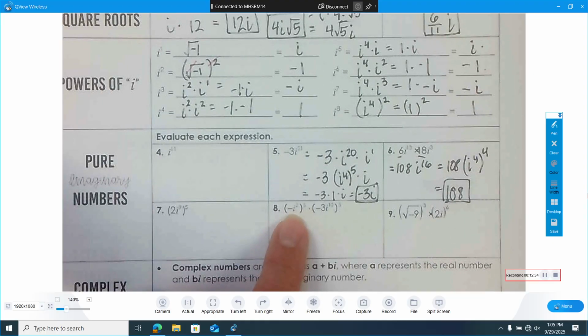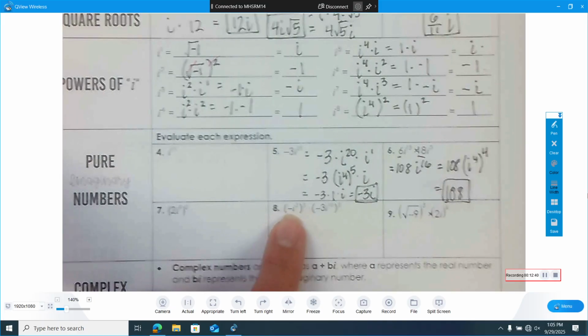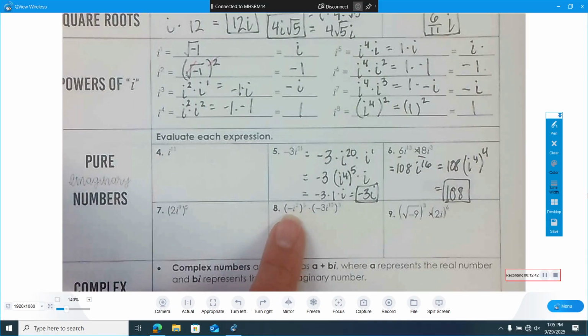So, but what is negative i squared to the 5th power? What does that clean up to become?